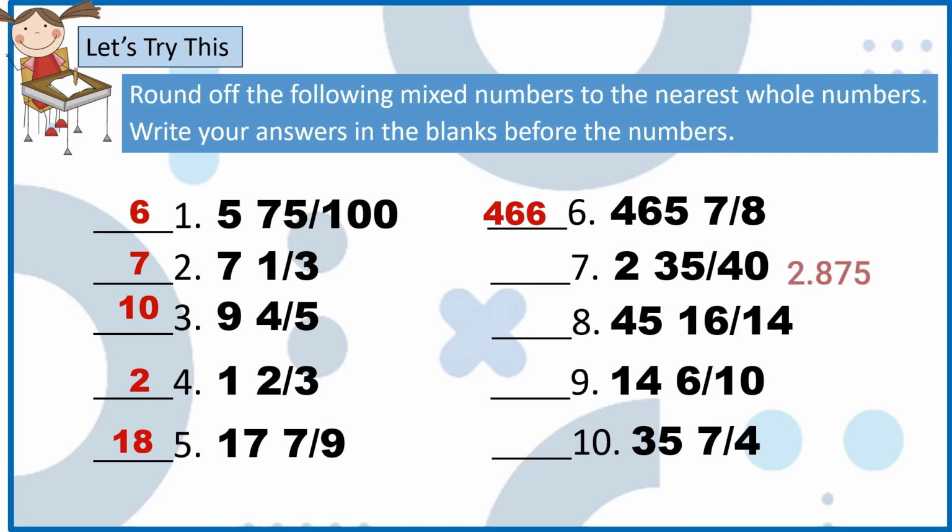It means 2.875 converted to a whole number is 3.